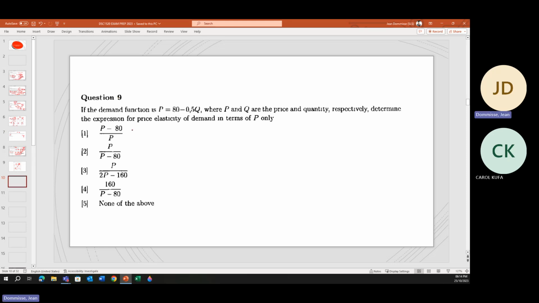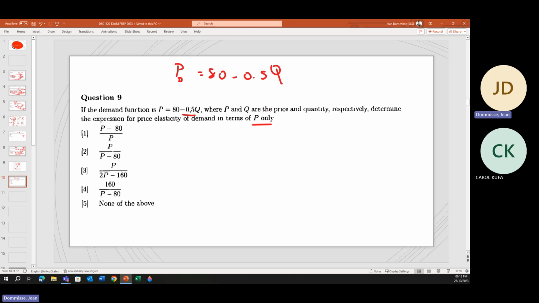Okay, question 9. If a demand function is given by 80 minus 0.5Q, where P and Q are the price and quantity respectively, determine the expression for price elasticity of demand in terms of P only.